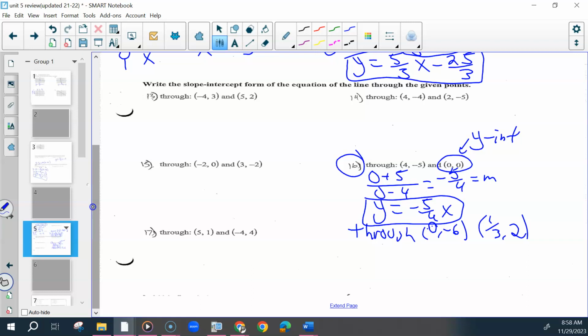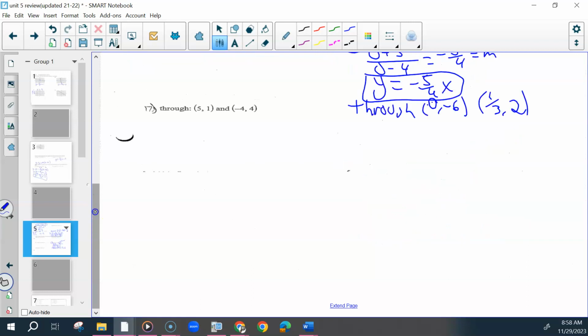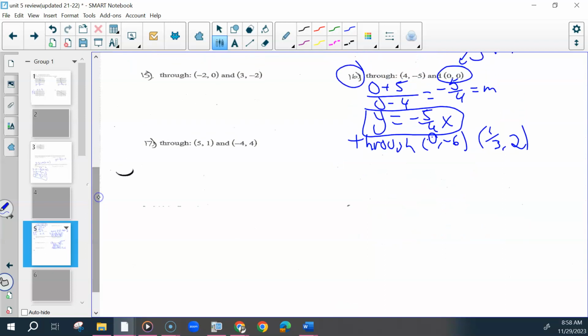And then the other one I had you guys write down, we have to find the slope of this one. So that would be 2 minus a negative 6, or plus 6, over 1/3 minus 0. So when we simplify, that would become 8 over 1/3.